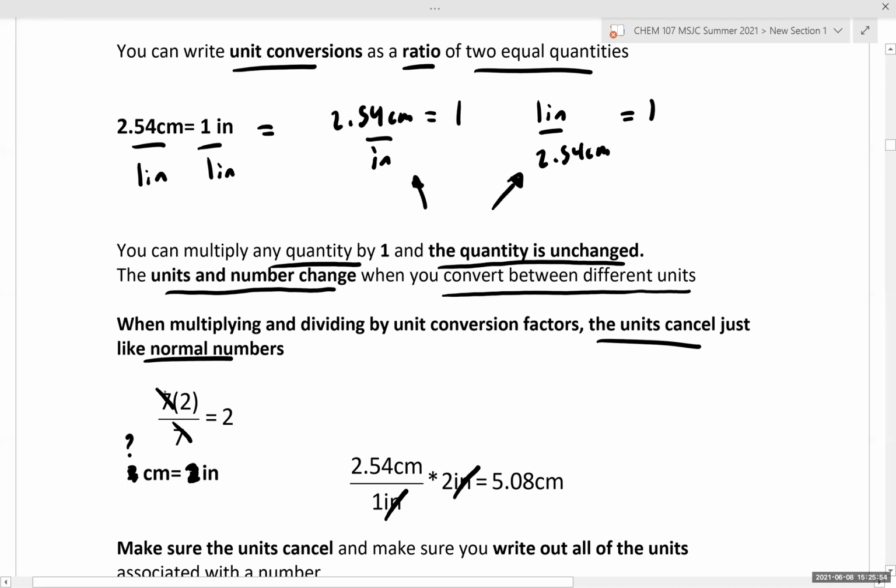Just like 7 over 7 cancels because we have the same number in the numerator and denominator, inches over inches cancel because they're identical units. Thus, we're left with units of centimeters, and we can conclude 2 inches are equal to 5.08 centimeters. We have not changed the quantity of distance that we're measuring. We've just changed the number and unit describing that distance. Does that make sense to everyone?